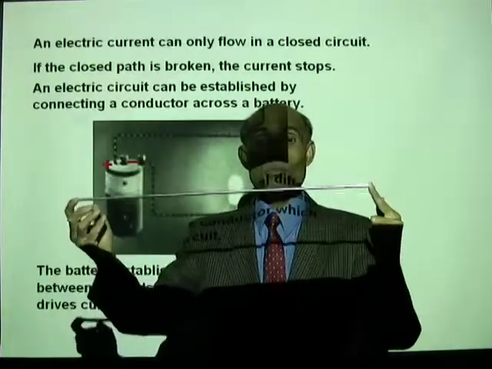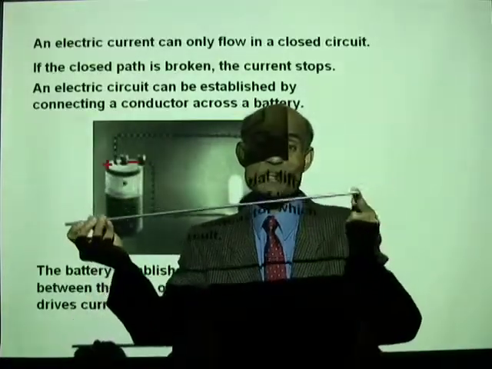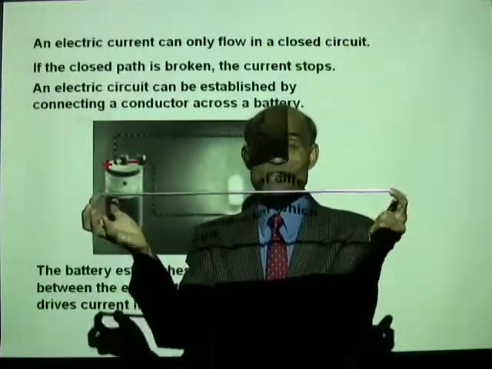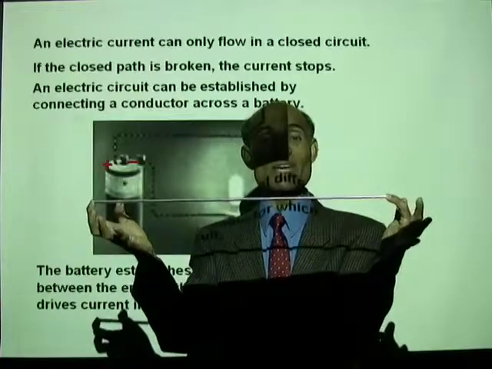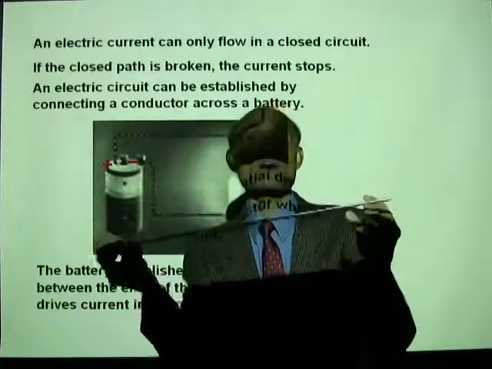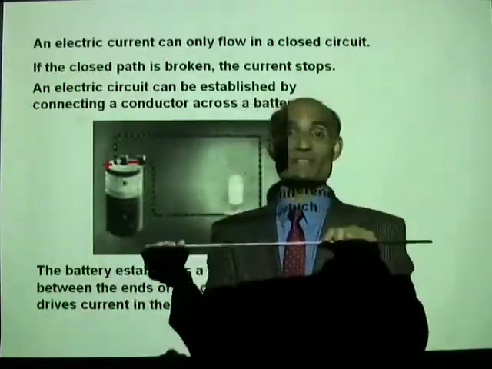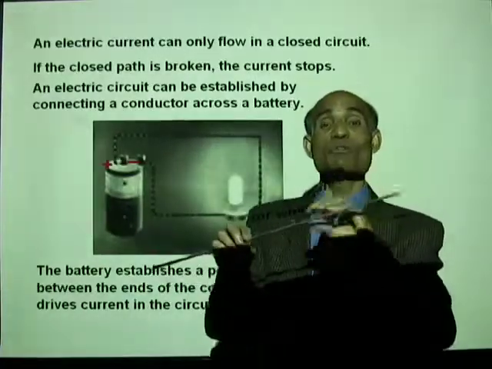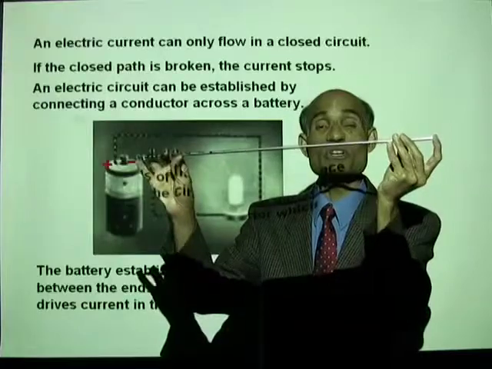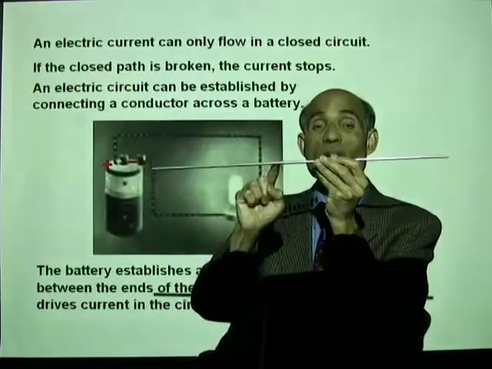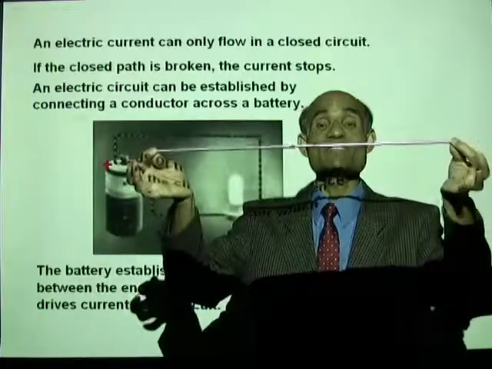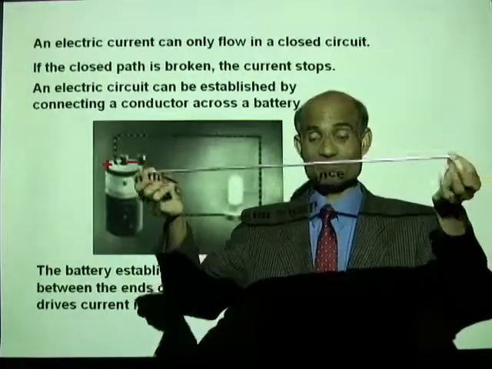There will be a potential difference between the ends of the conductor. Now, when there is a potential difference between the ends of the conductor, a current will flow in the conductor. So, in order to make a current flow in a conductor like this, what is required is a potential difference between the ends of the conductor. Okay.